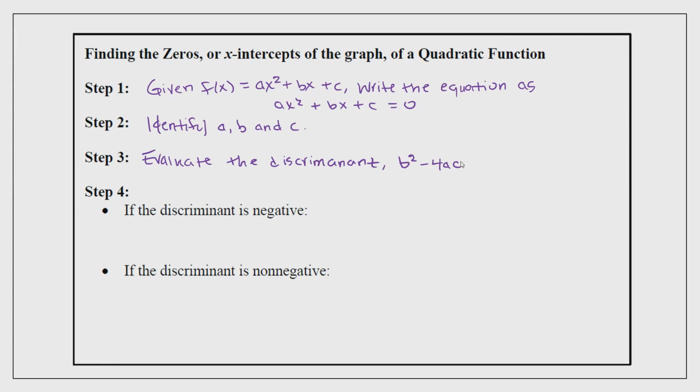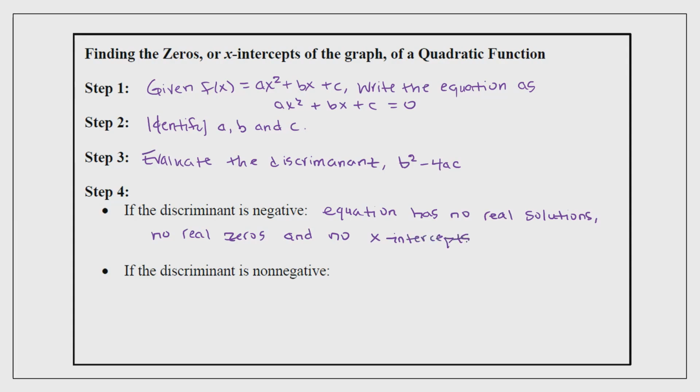If the discriminant is negative, the equation has no real solutions, no real zeros, and no x-intercepts.